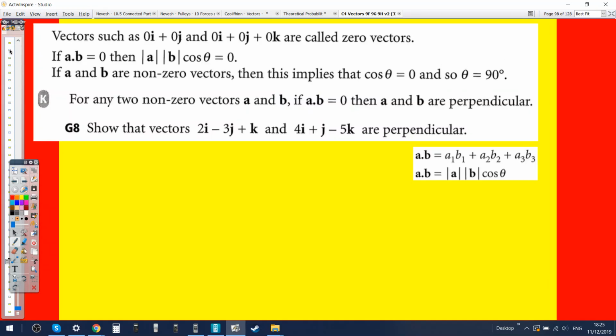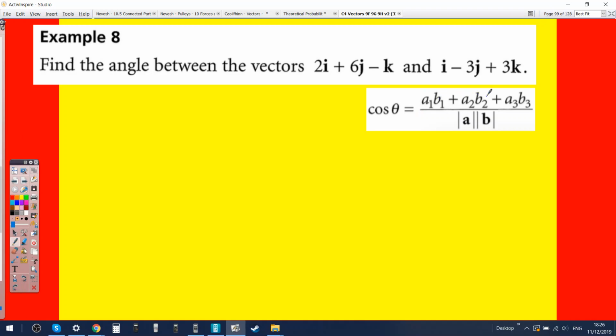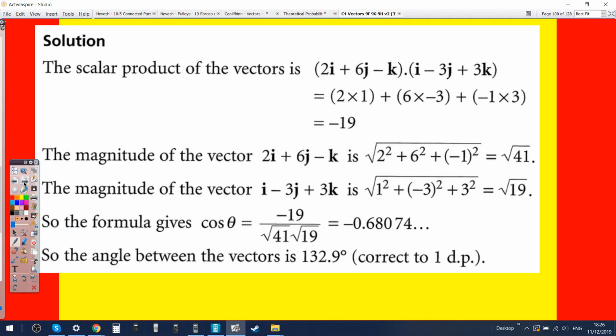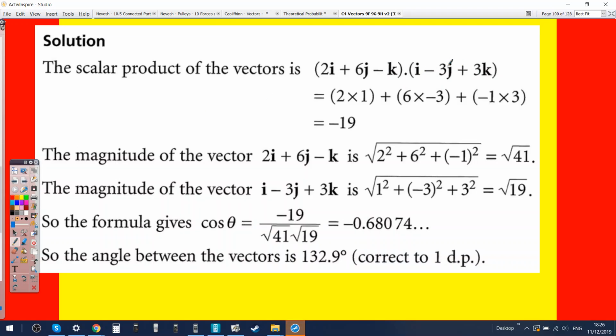We want dot, yes. Okay, that's the formula. Cos theta equals A1 B1 plus A2 B2 plus A3 B3. 2 times 1 plus 6 times minus 1, plus 2 times 1 plus 6 times minus 3, plus minus 1 times 3, plus minus 1 times 3.